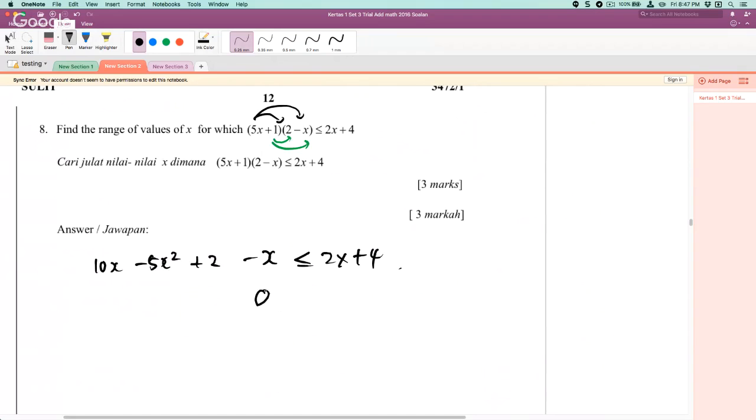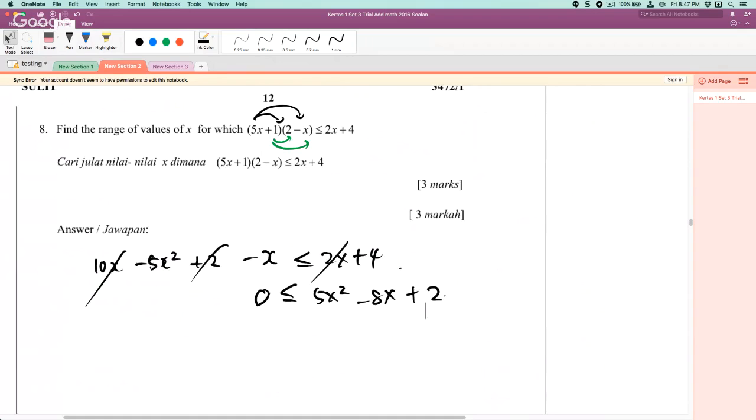I make one side become 0. So this one is 5x squared, and then 2x minus 10x is negative 8x, and then 4 minus 2, so I will get positive 2. All right, so what I am trying to do here is factorize it.